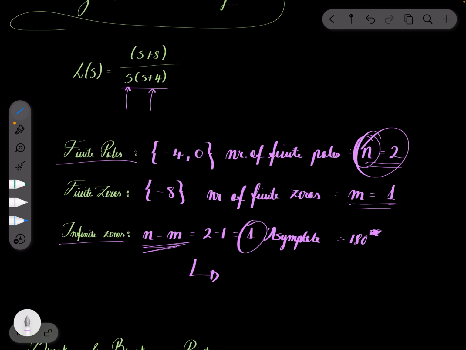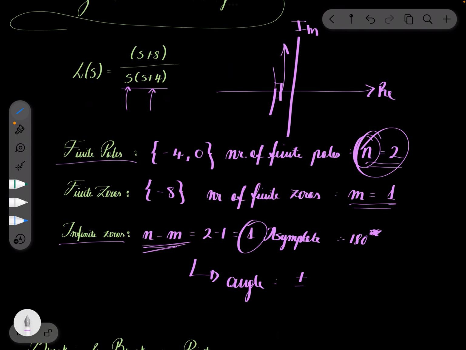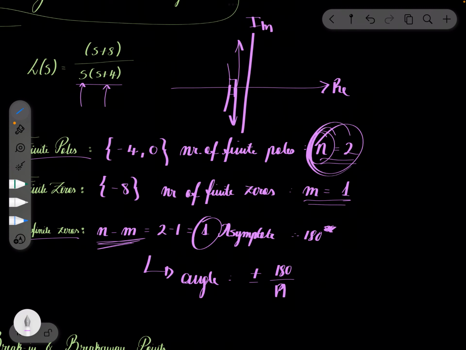Also in this part, I'm going to specify the angle at which these asymptotes are going to leave the real axis, this is the real, this is the imaginary. The angle at which they're going to leave, you can find by using this formula: plus or minus, plus when it's going this way, minus going this way, 180 over n.